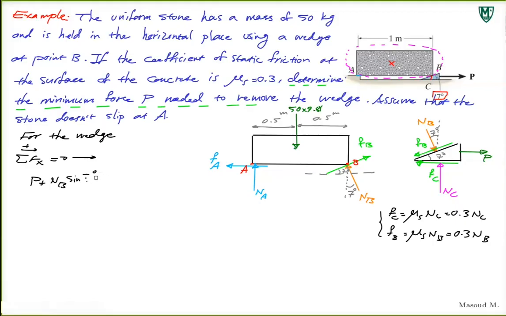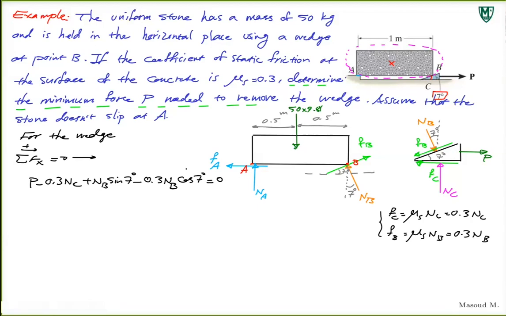All right, let me do it again. P is to the right positive, FC is to the left negative, so minus FC, which is 0.3 NC. Then N has a component that is positive, plus NB sine 7 degrees, and then we have FB negative, so minus FB, which is 0.3 NB cosine 7 degrees, is equal to 0.